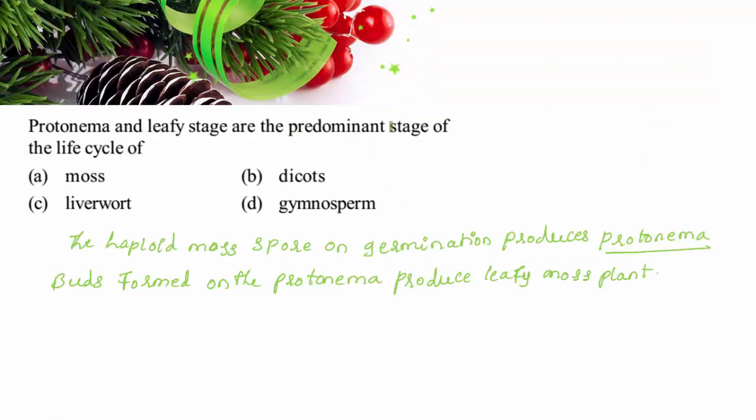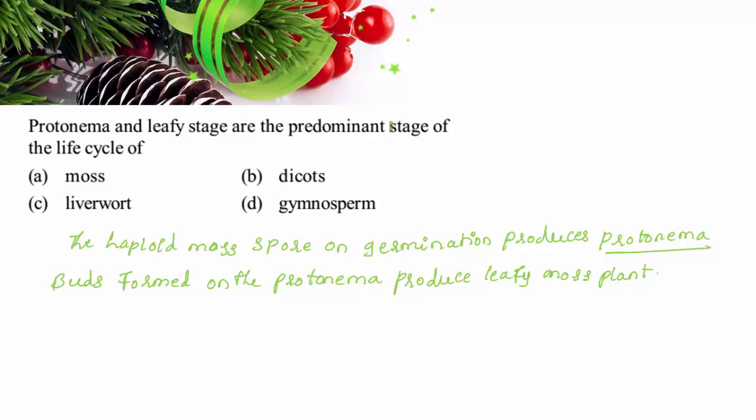Then moving to the next question, protonema and leafy stage are predominant stages of the life cycle of which plant? First, the protonema will be formed due to spore germination, and from that protonema a leafy structure arises.